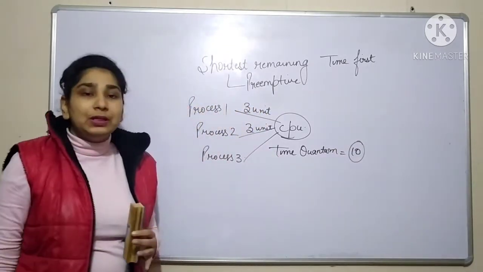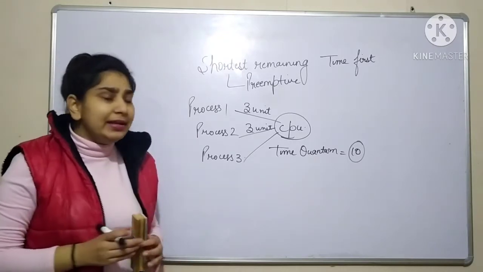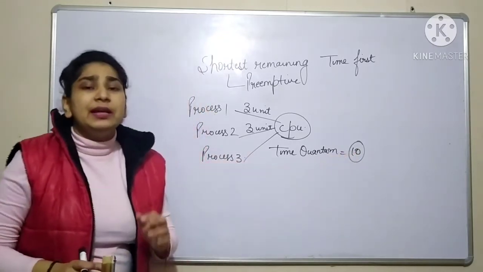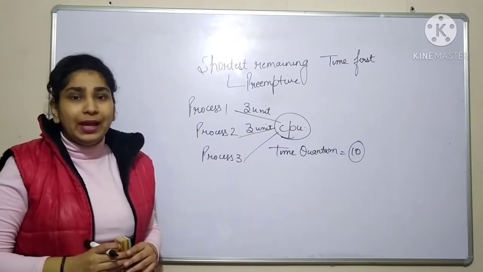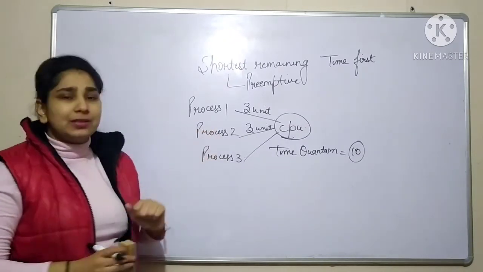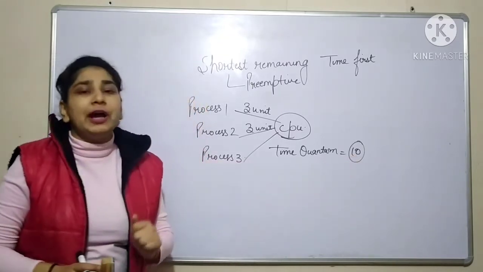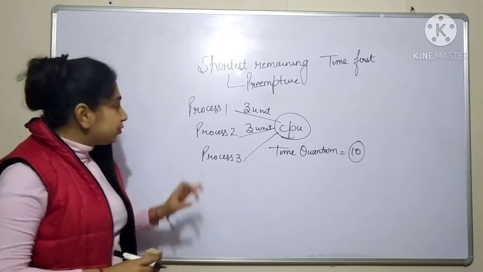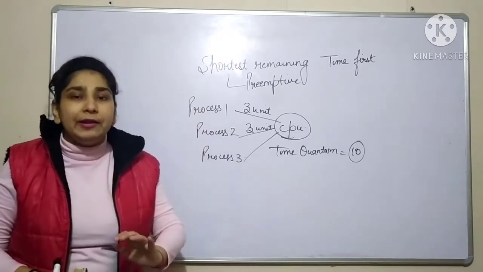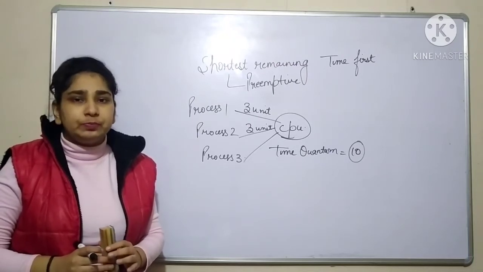What does it mean? To each and every process you will be allocating the CPU for 10 units of time, so your process has to wait up to 10 units of time to get the CPU.